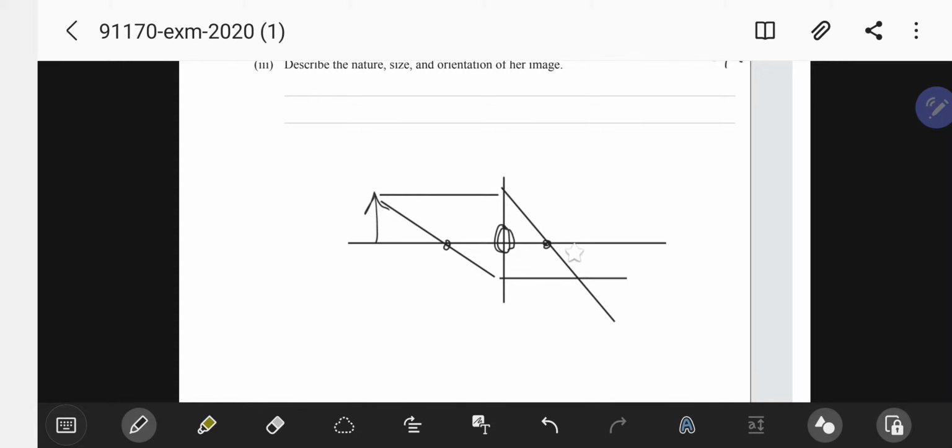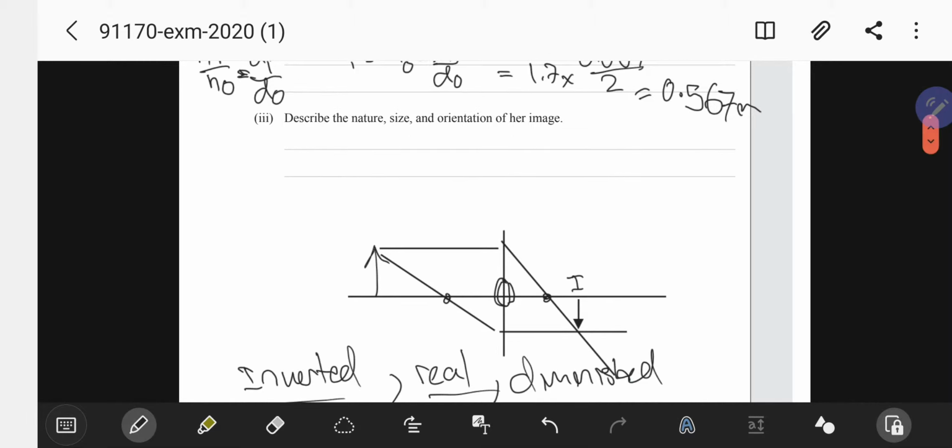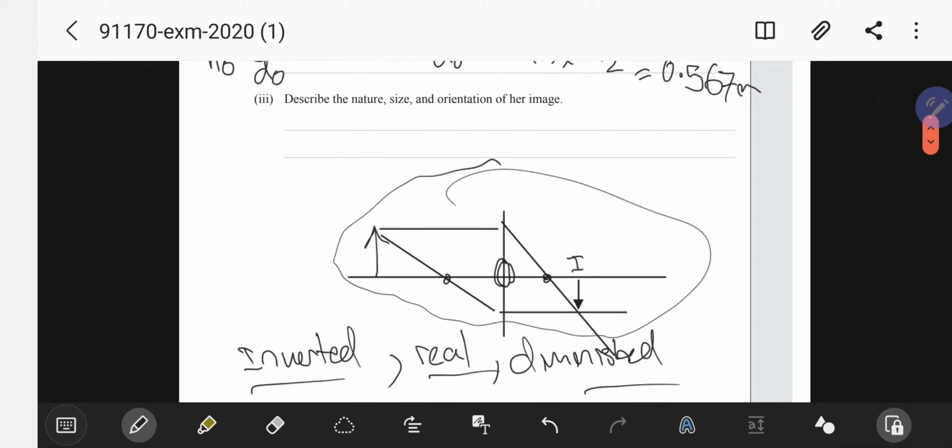So the image is going to be inverted. We can clearly see it's inverted, and it's a real image, and it is diminished. Inverted, real, and diminished. We can see from this diagram here. You don't need to draw this, but it just helps.